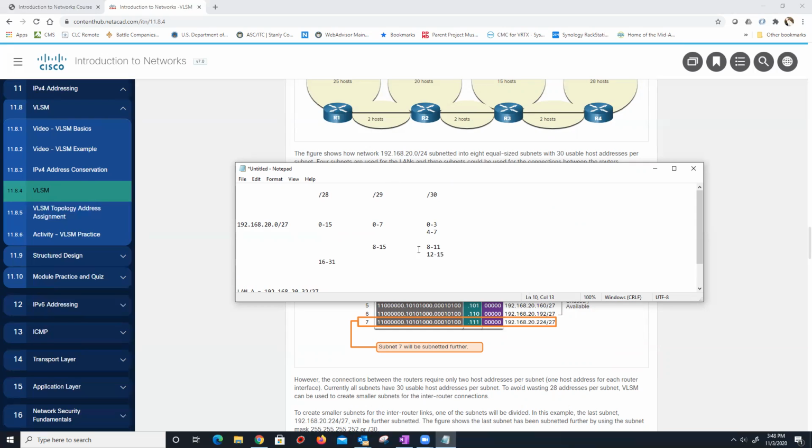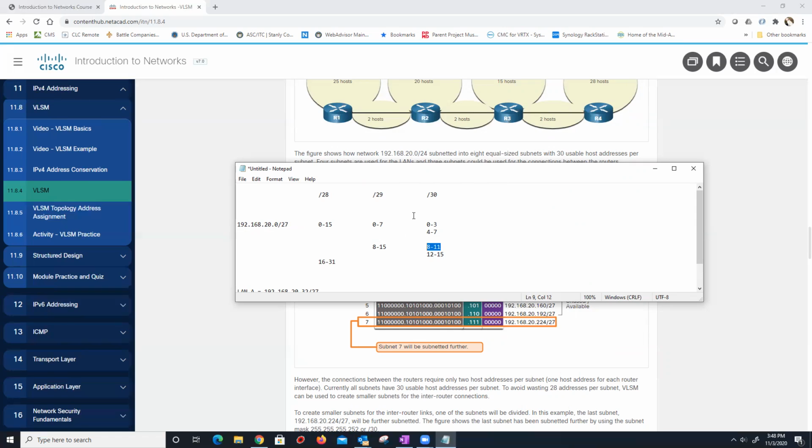Okay, 0, 4, 8, 12. These are all /30s. And so now I would put 192.168.20.0/30 between R1 and R2. And I could put .1, .2 here. I would then put 192.168.20.4/30 right here. 5 and 6 would be my usable numbers. And then I would pull .8/30, and 9 and 10 would be my usable numbers here.